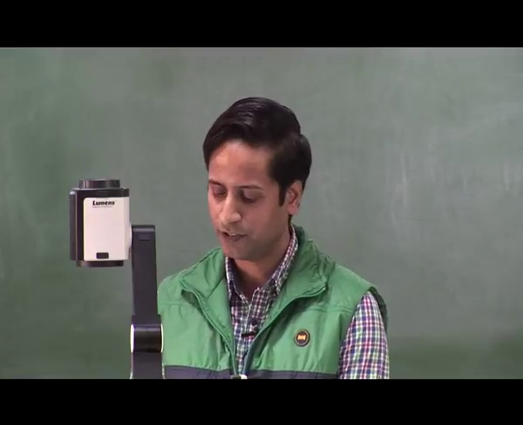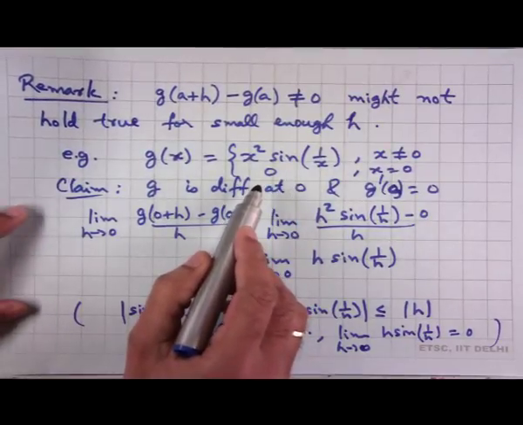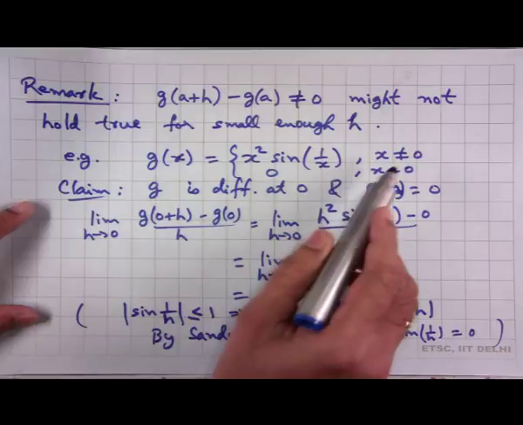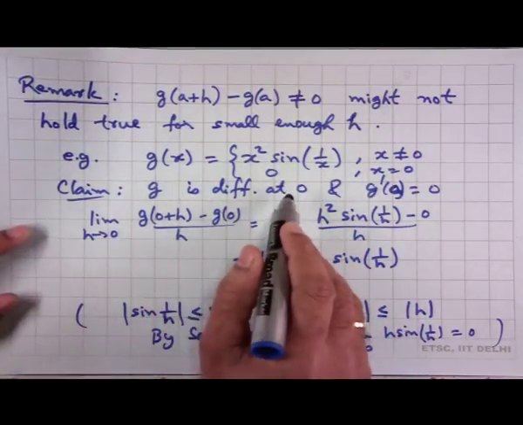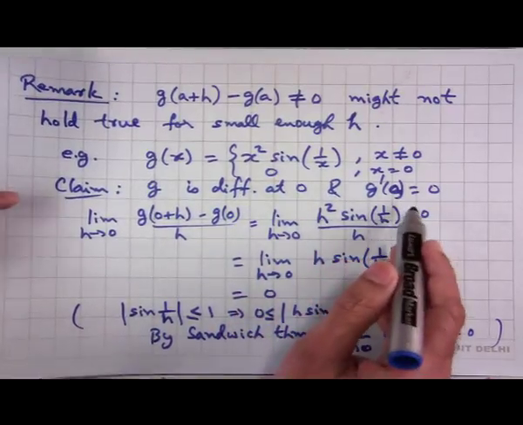So, this function x square sine 1 by x for x not equal to 0 and 0 at x equal to 0 is differentiable at 0 and the derivative is equal to 0.